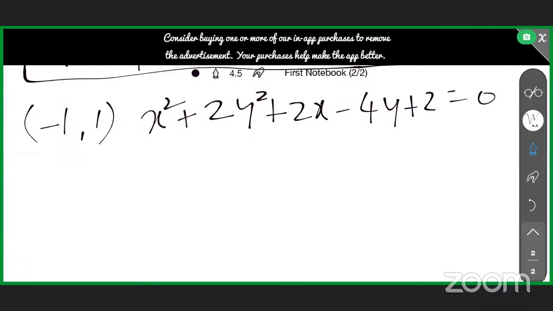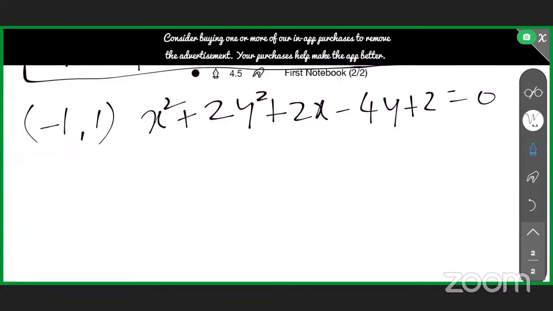I want the answer. x is equal to minus 1, y is equal to 1.